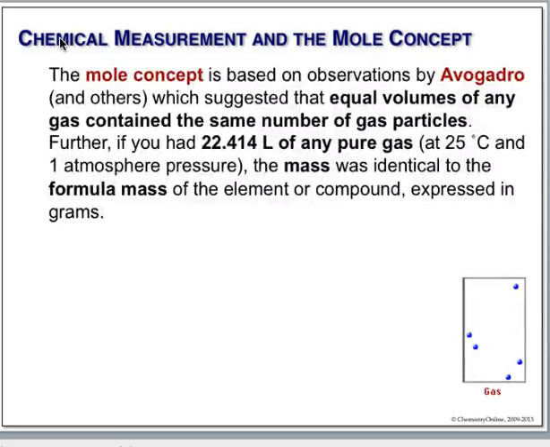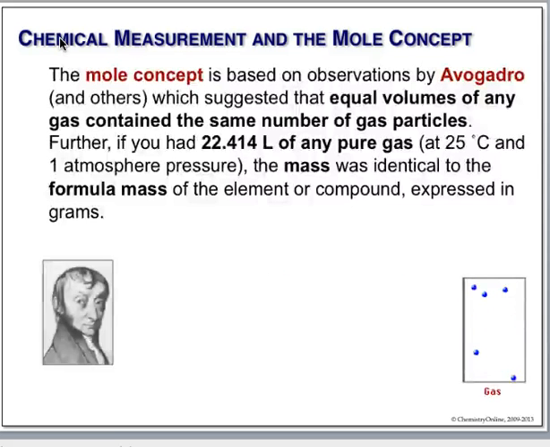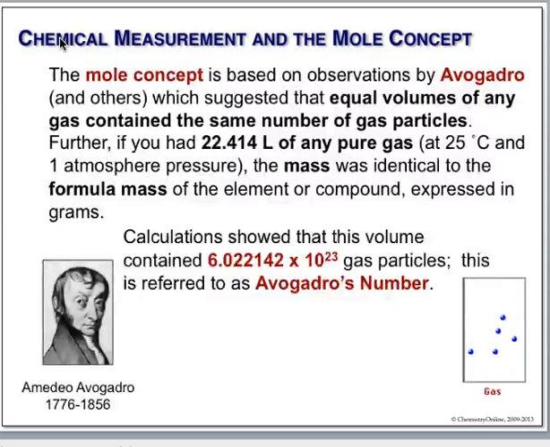Avogadro came up with the notion of the mole based on some observations that we'll revisit when we do chapter 9 of the gas laws. Basically, what he found was that equal volumes of any gas contain the same number of gas particles. Now that's kind of surprising, but if you really think about what a gas is, the particles are teeny tiny relative to the volume that they occupy.